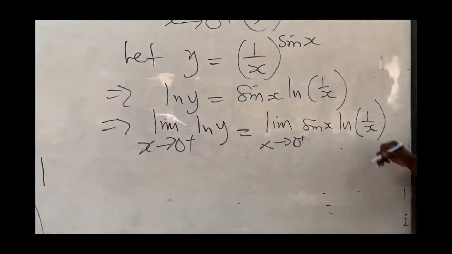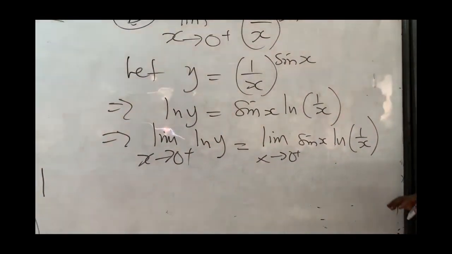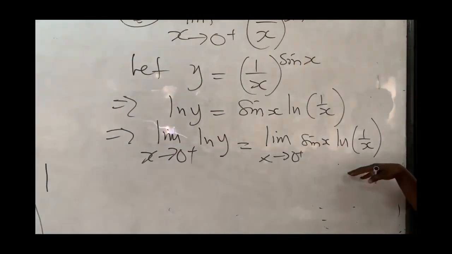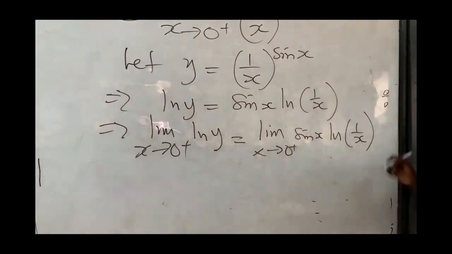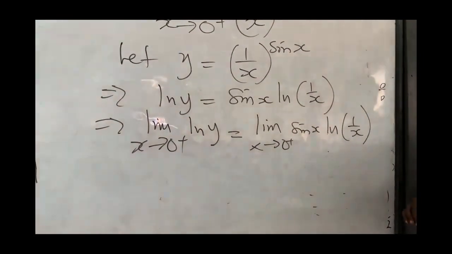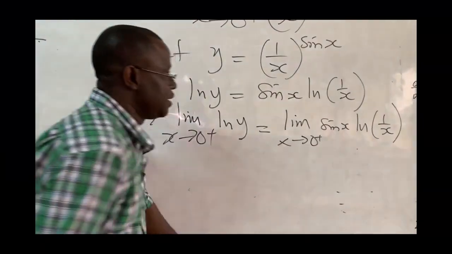You're going to have 0 times infinity, so it's similar to what we've seen before. The plan is that you rewrite this in a way that you get 0 over 0 or infinity over infinity, and then you can do the derivatives.